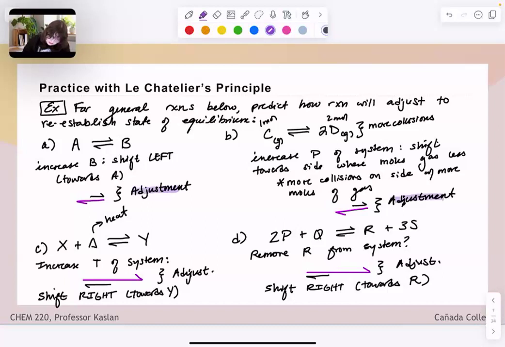And these are all adjustments that we are predicting using Le Chatelier's principle. So again, we see a momentary favoring or shifting or increase in the rate of one half of this coin. That is our chemical reaction, until we reestablish a new equilibrium where the rates of the forward and reverse are equivalent.